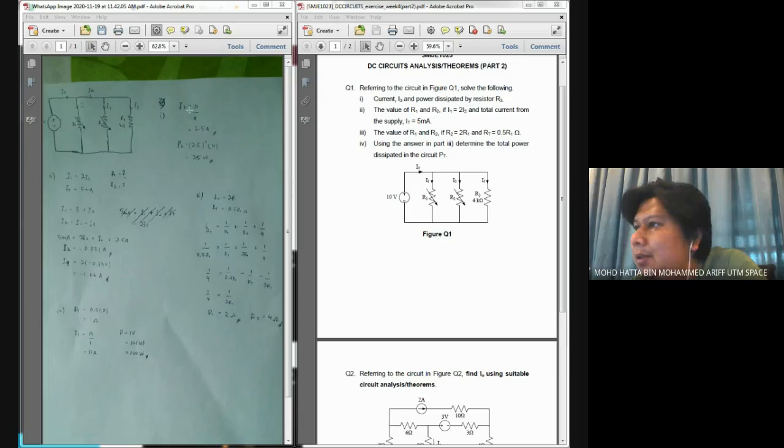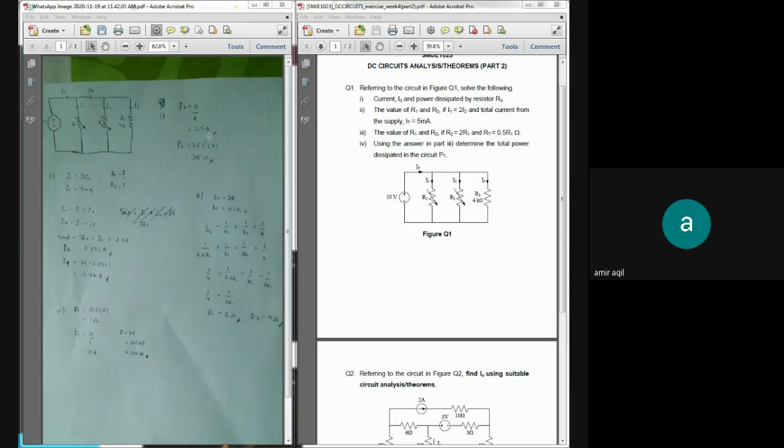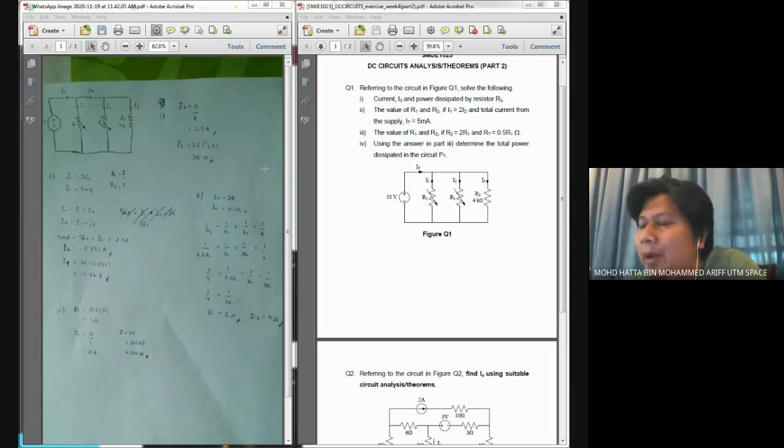Here the question asks about current I3 and power dissipated by resistor R3. Based on the answer from Mohimin, I think he did it correctly. Not correctly lah, 50% correct. The procedure is fine.